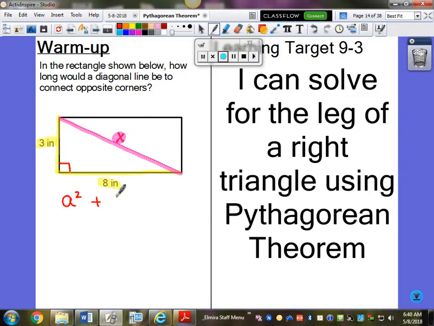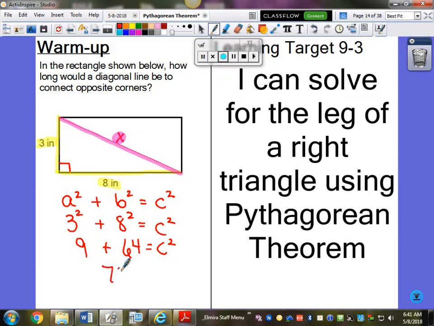So I can use my Pythagorean theorem, sub in. 3 squared is 9, 8 squared is 64. 9 plus 64 is 73. Square root both sides.